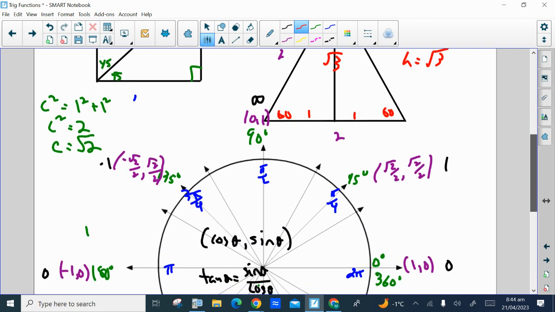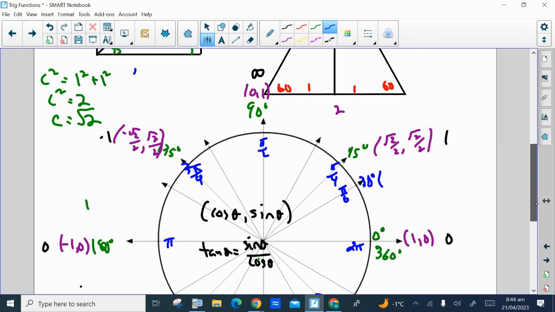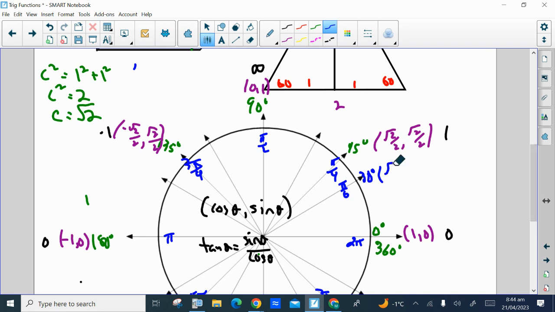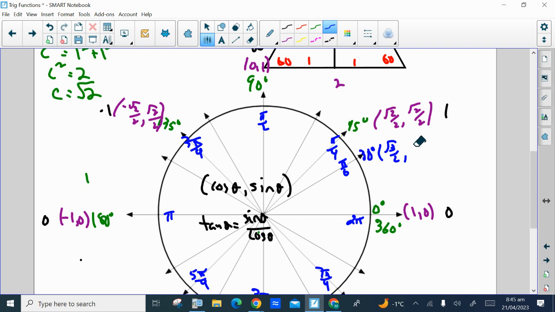So let's go back to our unit circle. This first stop is pi on 6 radians, which is 30 degrees. So from 30 degrees, cosine, which is our first one, is adjacent over hypotenuse, root 3 over 2. The sine is opposite over hypotenuse, which is 1 over 2.